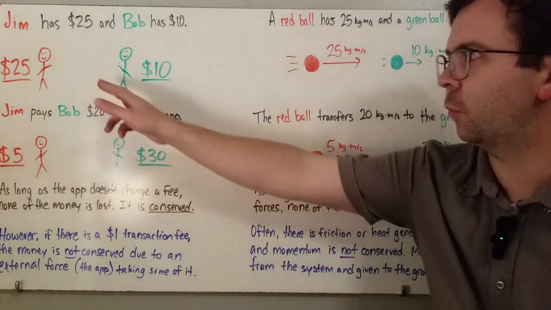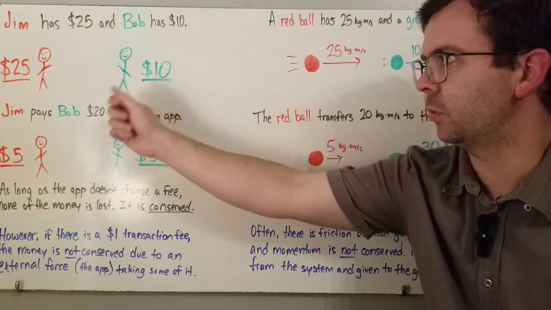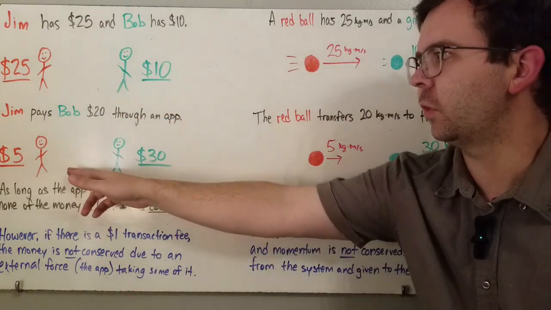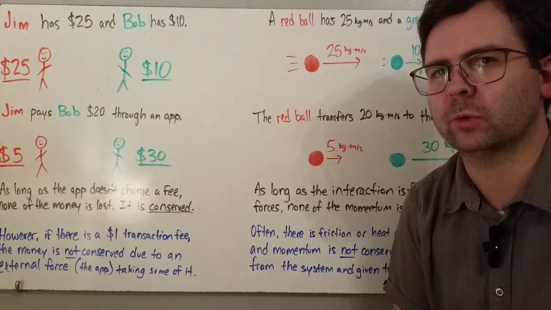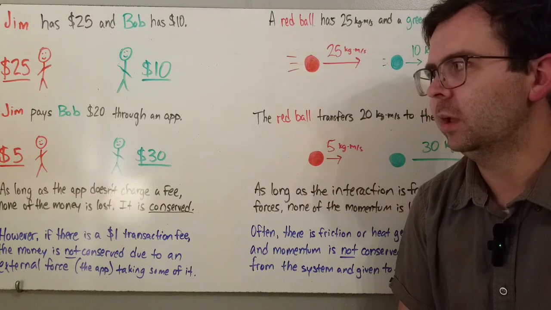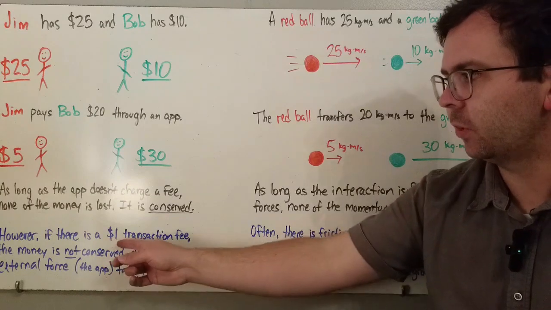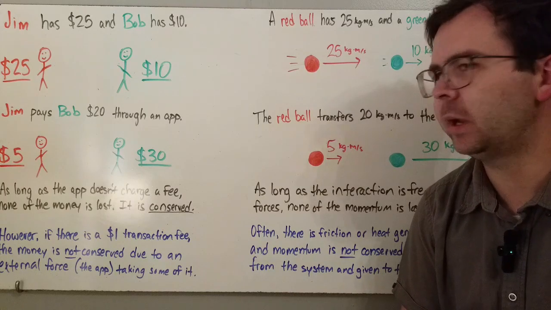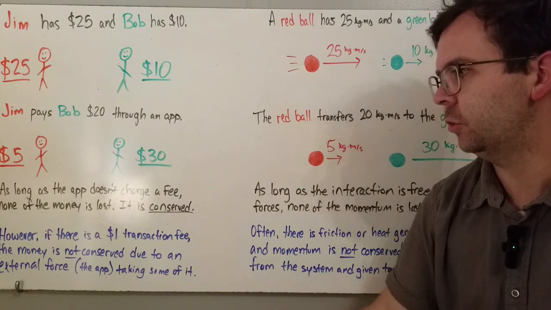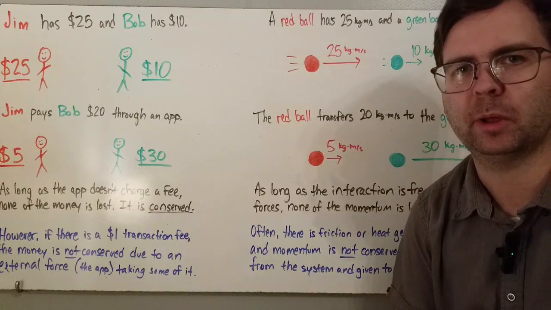The total before was $35, 25 plus 10 is 35, and the total after is still $35. And so none of the money gets lost or used up, and so the money is conserved. However, if there is a $1 transaction fee on the app, then the money is not conserved due to an external force, in this case, the app, taking some of the money.